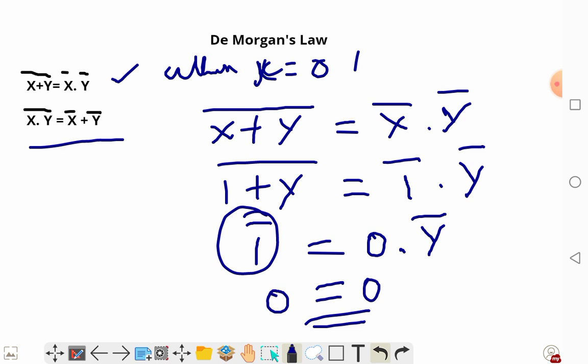They can ask the name of the law itself, like state and explain the involution law, explain the absorption law, explain the distributive law. Or they will just give the expression and tell you to solve it. As we have 2-mark questions in the second main from Boolean algebra, any expression can be asked for 2 marks.